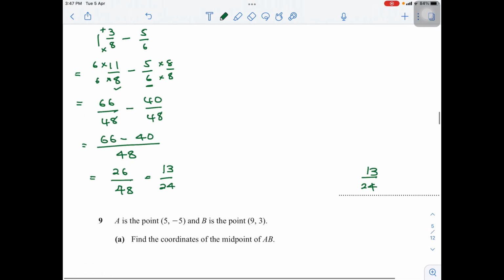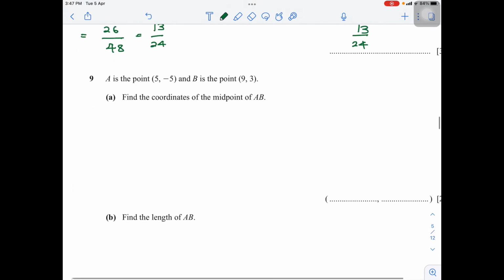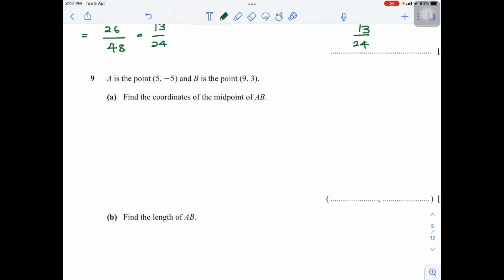A is the point 5, negative 5 and B is the point 9, 3. Find the coordinates of the midpoint of AB. Let's say this is x1, y1 and this is x2, y2. Any point can be x1, y1 and any point can be x2, y2. The midpoint formula is x1 plus x2 divided by 2 and y1 plus y2 divided by 2.